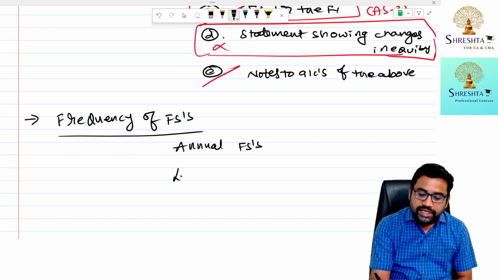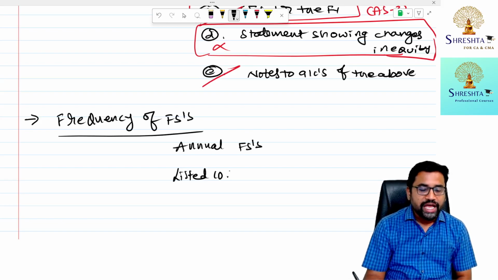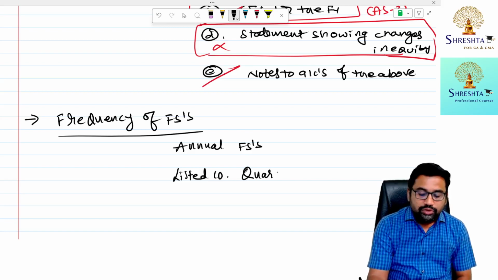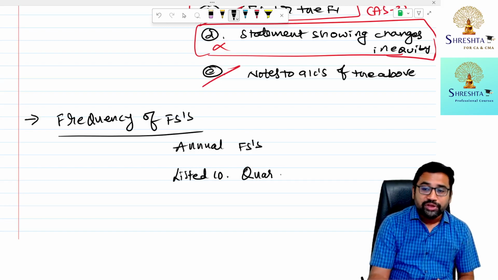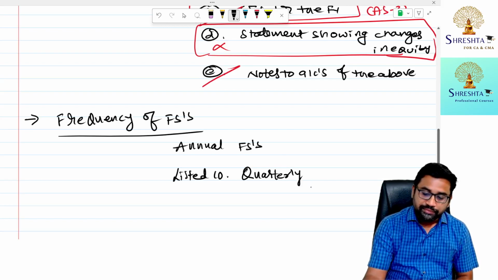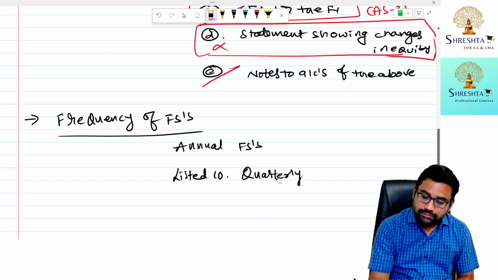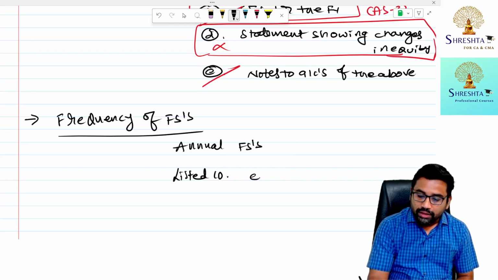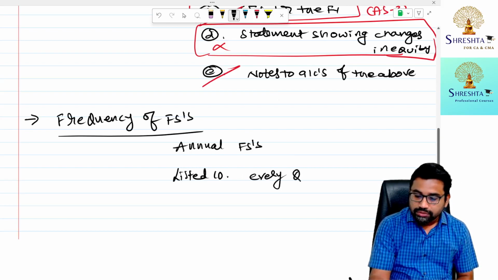Sometimes if you are a listed company, anyway you are going to prepare annual financial statements. Along with that you need to prepare quarterly financial statements, every quarter.